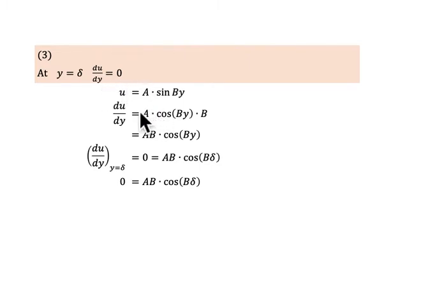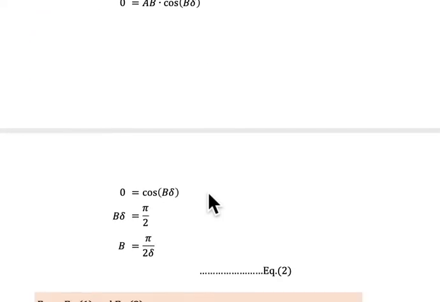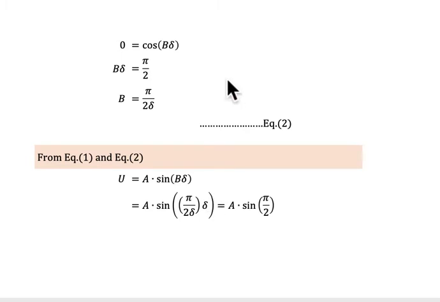Again, we substitute into the equation u equal a sin by. From this equation, we have du over dy, which is ab times cos by. We substitute the value of y equal to delta here, and we solve that term: 0 equal cos b delta.